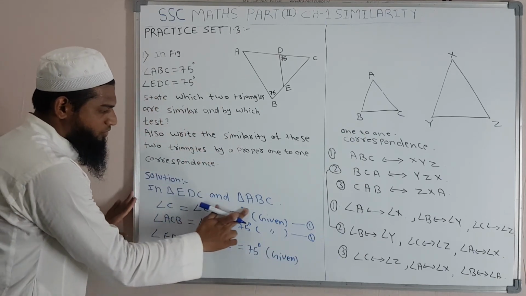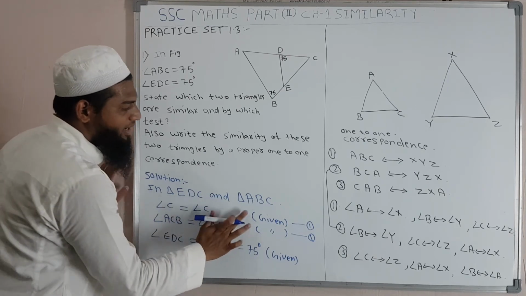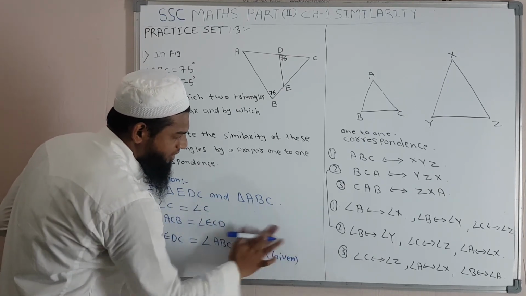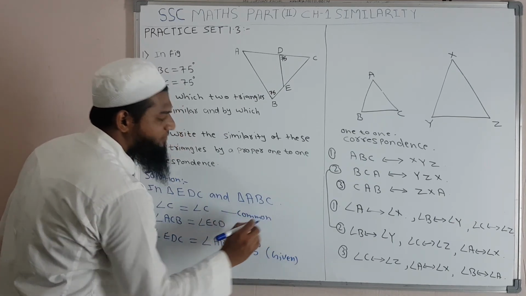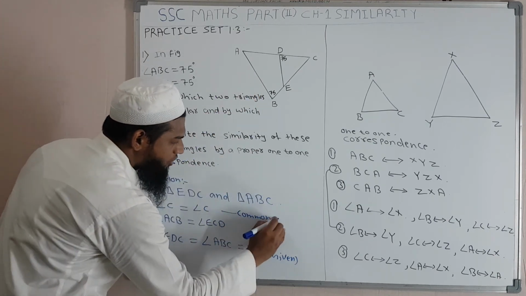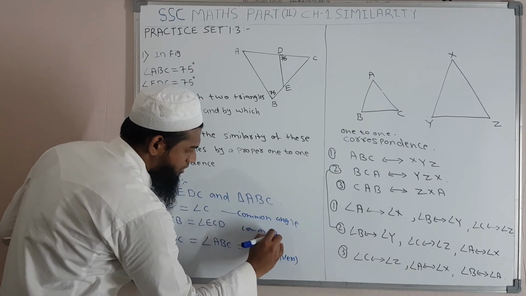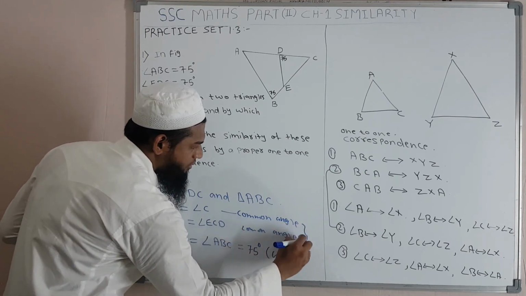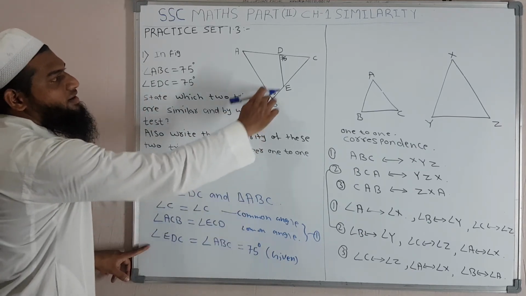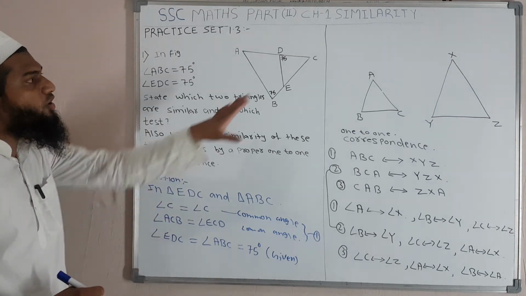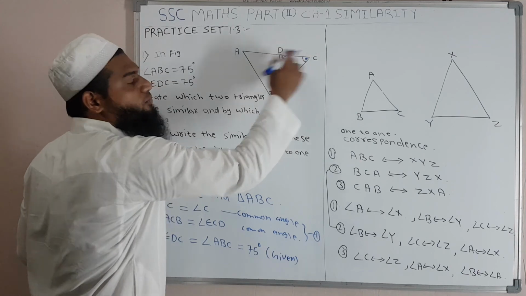Sorry, here we can write that this is a common angle. What will be the measure? They are the same. Common angle, and this is also a common angle. In question number 1, the measure of this angle is given as 75 degrees. The measure of this angle is not given. This is the same angle, common in both triangles.